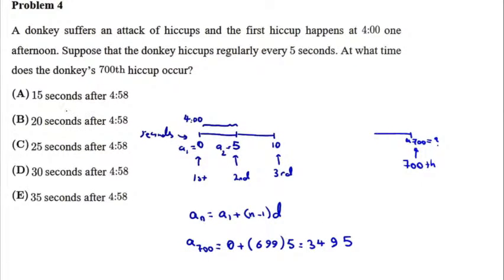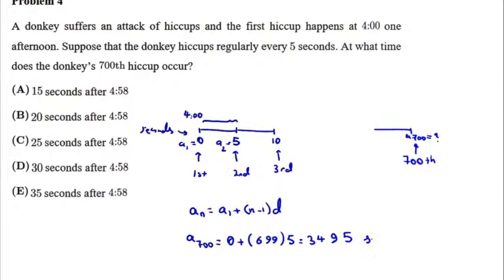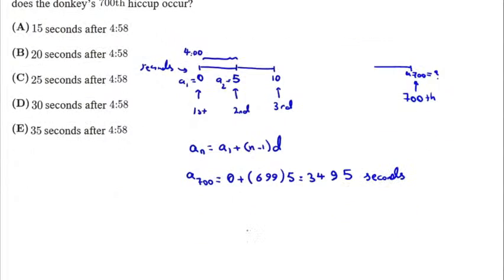Now, because this is in seconds, I want to change it to minutes. Because each minute has 60 seconds, I should divide it by 60.